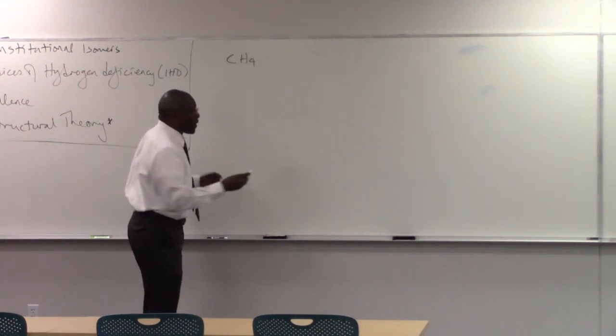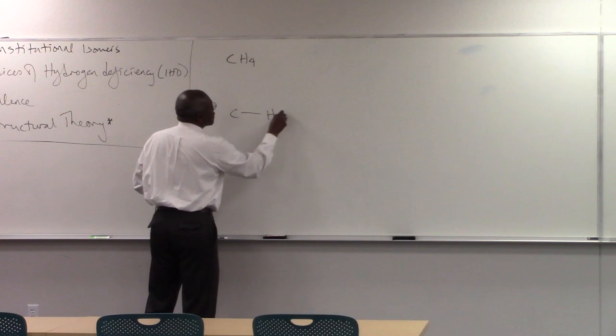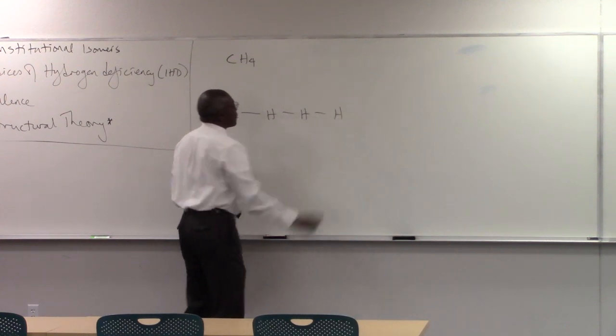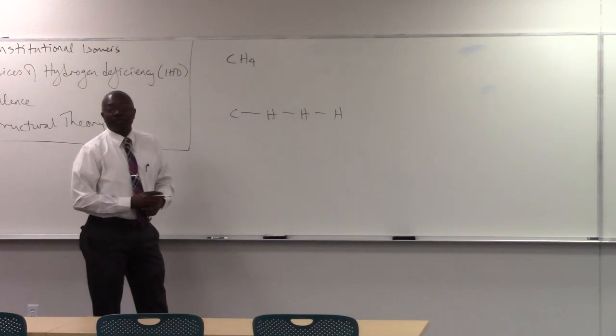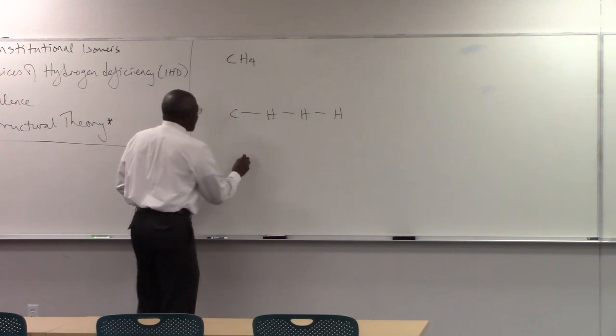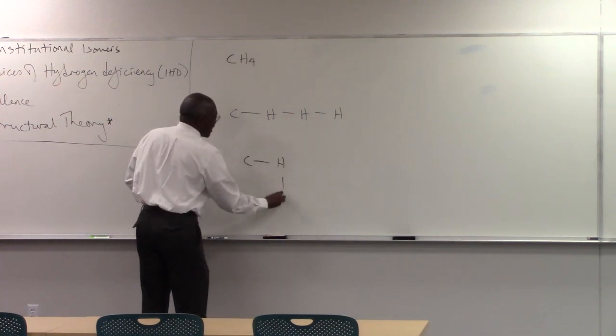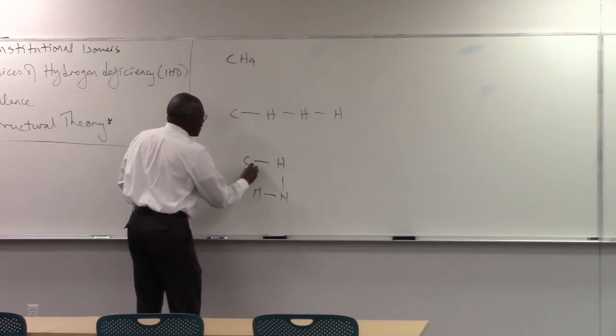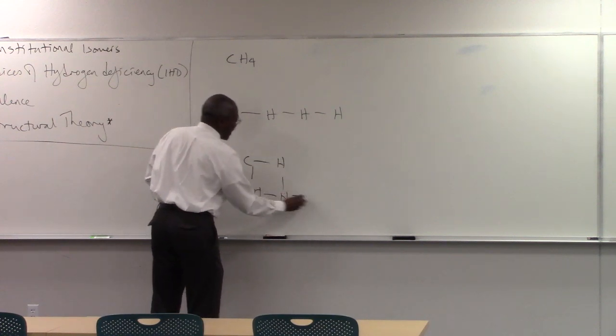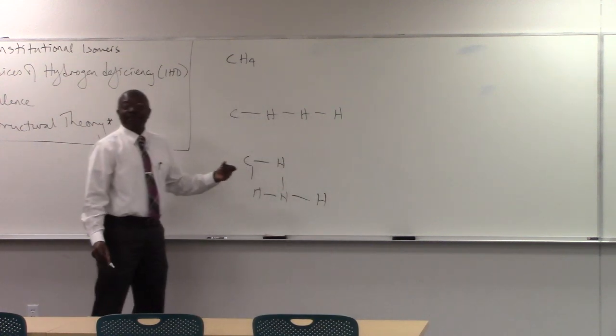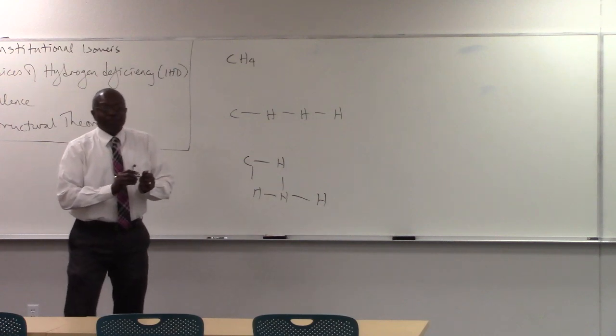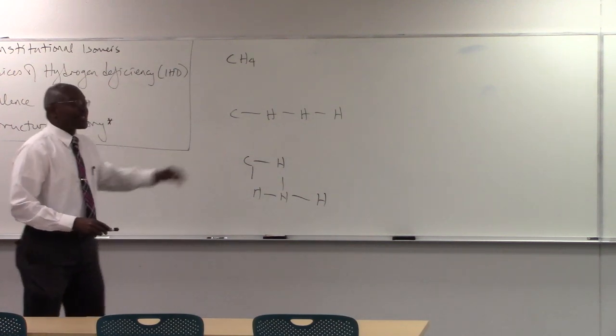Well, I could say, why don't I just draw C-H-H-H? What about that for a structural formula? Or maybe it's not that, and then maybe another H? Now, why did I do that? Well, it turns out both of those are rubbish, and we'll see why in a second.